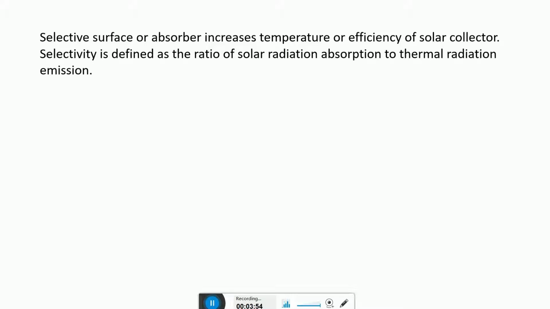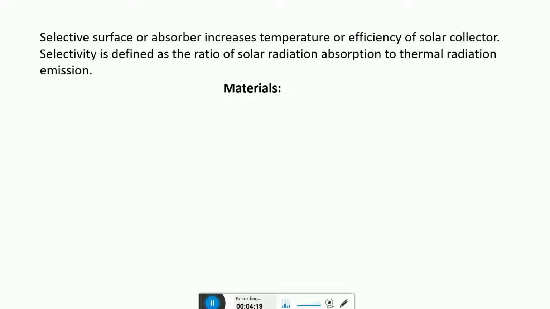Also, a selective surface or absorber increases the temperature or efficiency of the solar collector. The selectivity of a surface is defined as the ratio of solar radiation absorption to the thermal radiation emission, that is, alpha by epsilon.